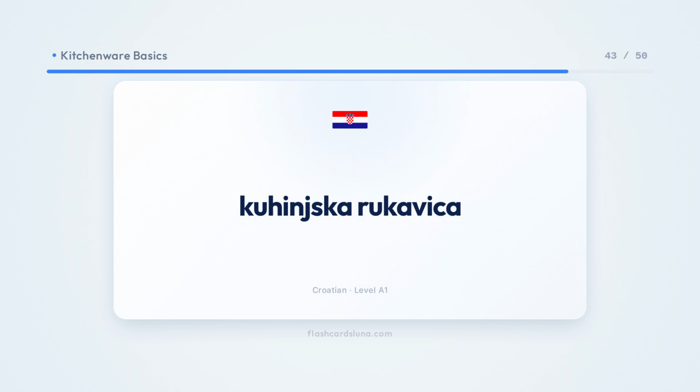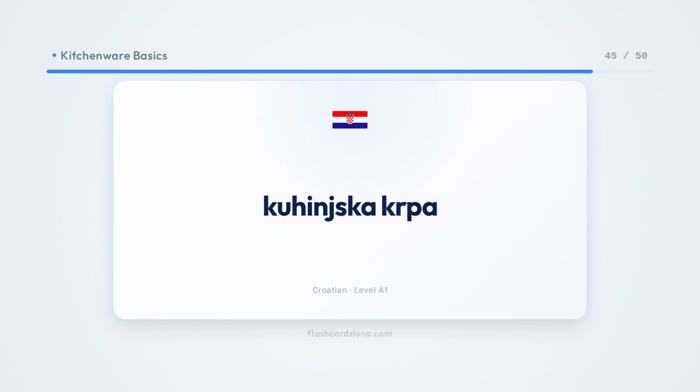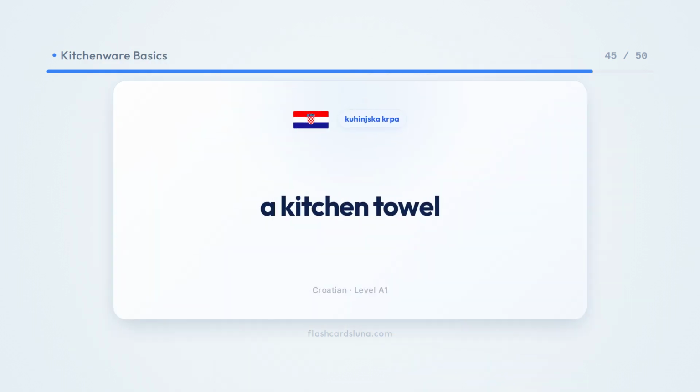Kuhinjska rukavica. An oven mitt. Pregača. An apron. Kuhinjska krpa. A kitchen towel.